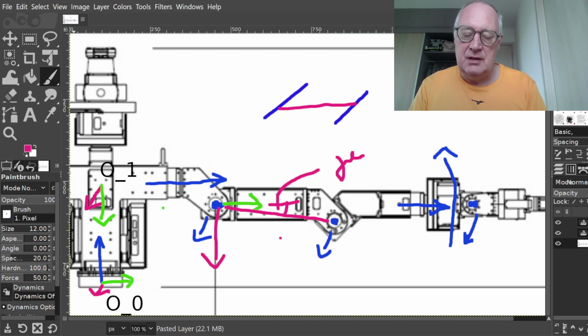So X3 has to connect Z2 and Z3, so it intersects with both of them at a 90-degree angle.